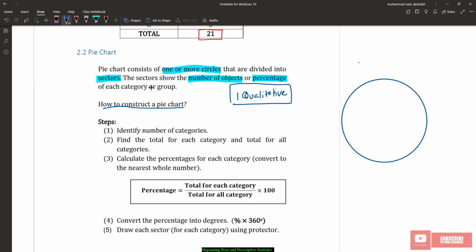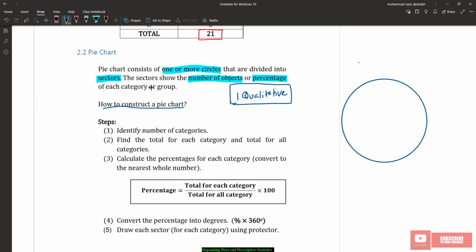But for the basic construction of a pie chart, let's look at one qualitative variable. What is the purpose of a pie chart? We want to know which category has the highest percentage or frequency, and which category has the lowest frequency or percentage. That is the objective of a pie chart.